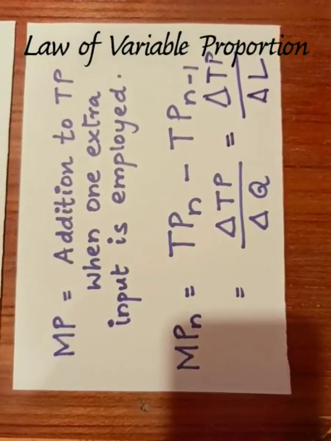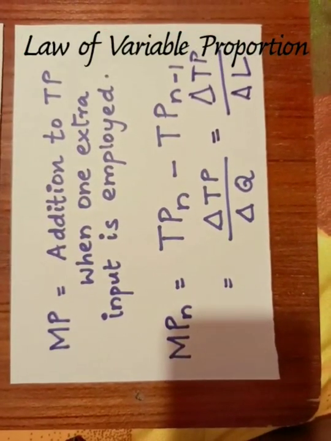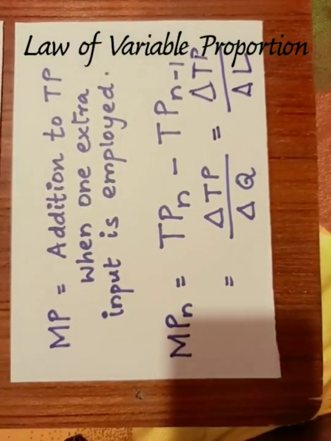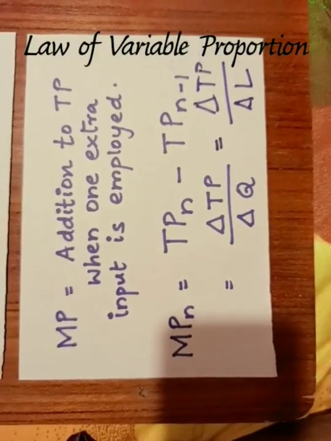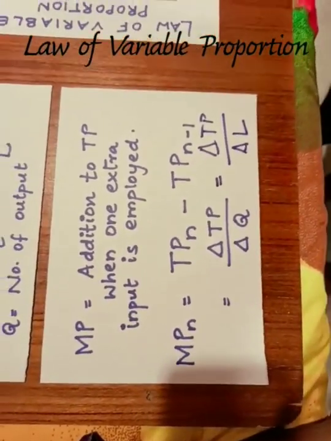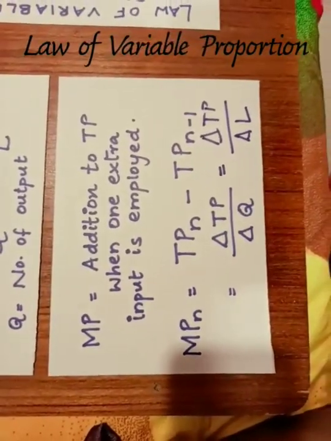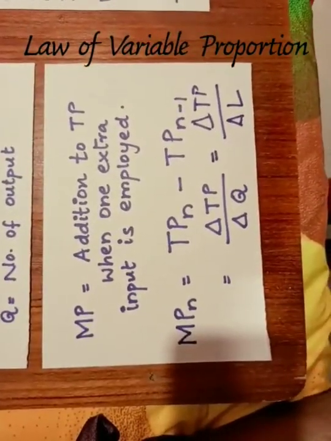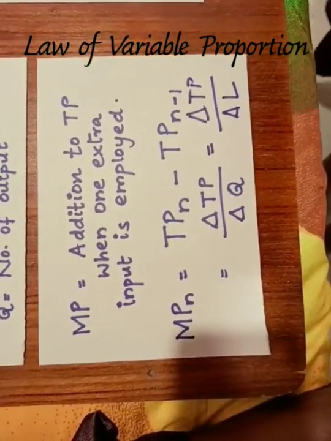Because it is returns to factor and only labor can be changed within the short period. Capital you cannot change. So all these factors of production are categorized under these two things. That is, all the variable inputs are called labor and all the fixed inputs are called capital. Okay, so that is TP, AP and MP.